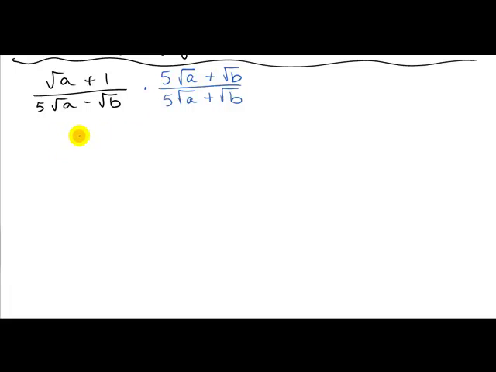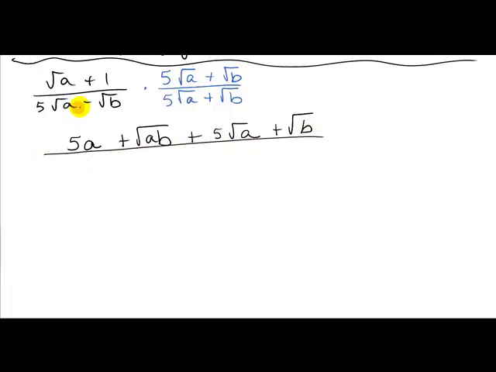Those square root a's are going to become an a. Square root of a times the square root of b. Positive 1 times 5 times the square root of a. Positive 1 times a positive square root of b.